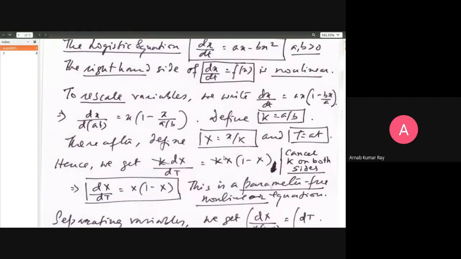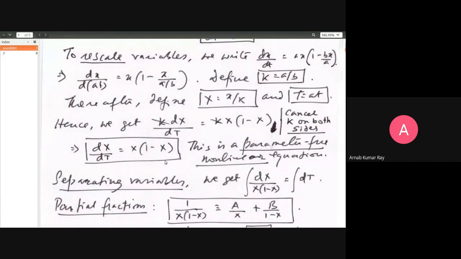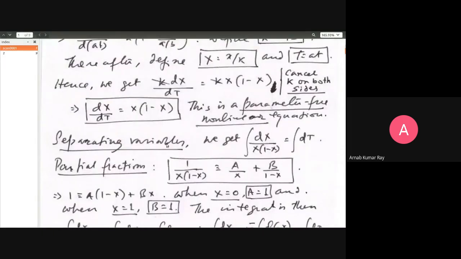And then the two k's cancel on both sides, and you have got a parameter-free nonlinear equation. Nonlinear as in the right-hand side is no longer just a function of the first power of X, it is X minus X squared. Actually, the right-hand side is the equation of a parabola, if you recall your school conics.